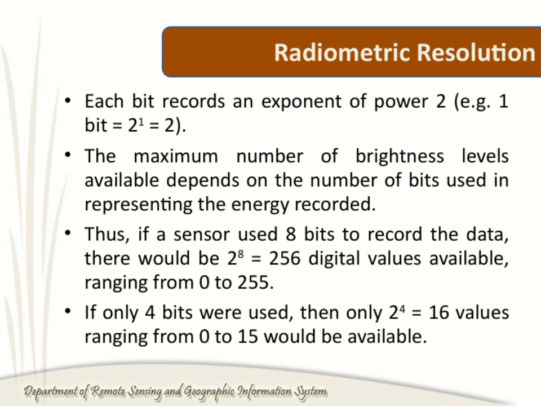So, fewer bits mean fewer brightness levels and less detail in the recorded data. This concept is important because it directly impacts image quality and the ability to distinguish subtle differences in brightness, which is crucial for accurate remote sensing and analysis. The more bits we use, the finer our resolution in terms of brightness levels, and the better our data quality overall.